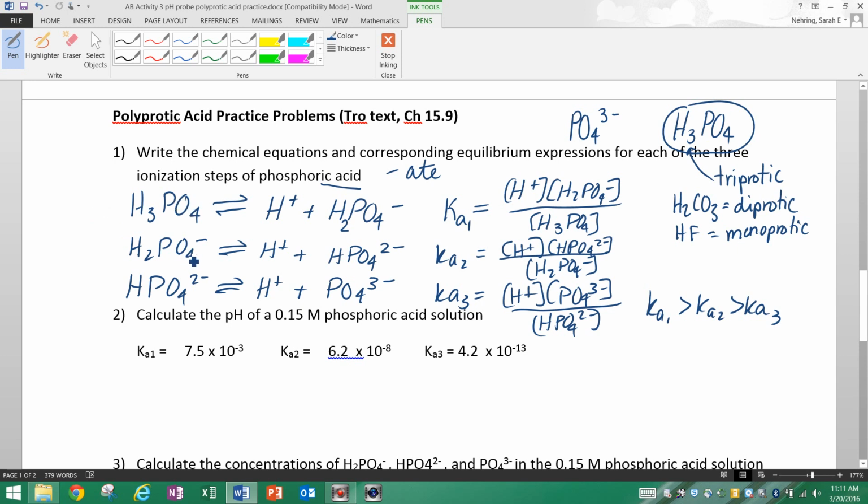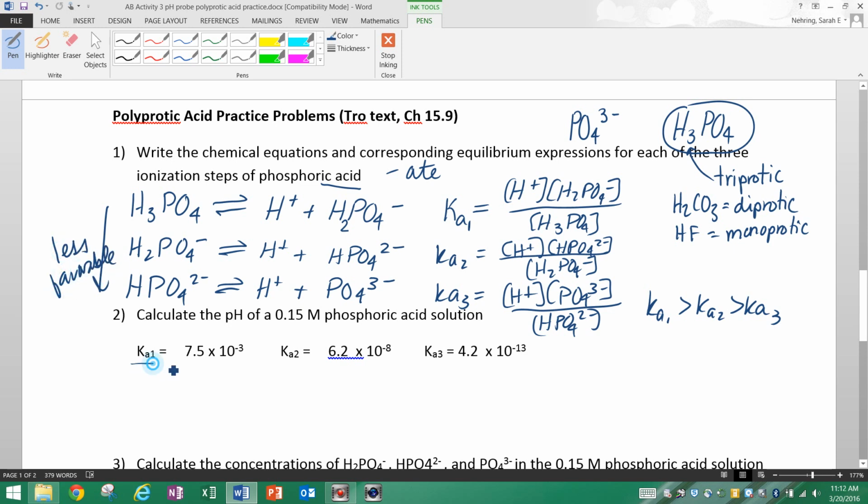Second step, you're losing a hydrogen from something that's negative. Third step, you're losing a hydrogen from something that's even more negative. So the more negative your initial thing is, the less likely it's going to want to lose another hydrogen. So these reactions become less favorable as you get more and more negative to begin with.